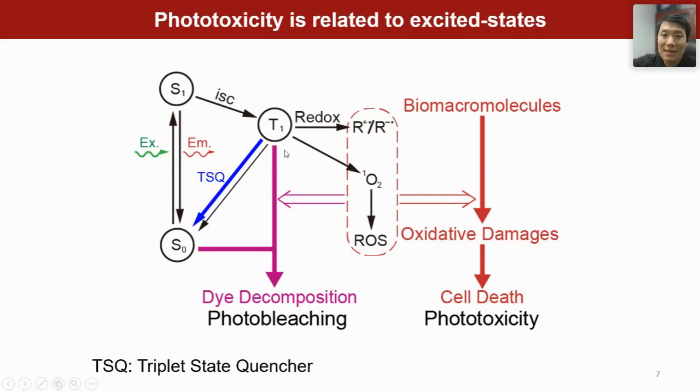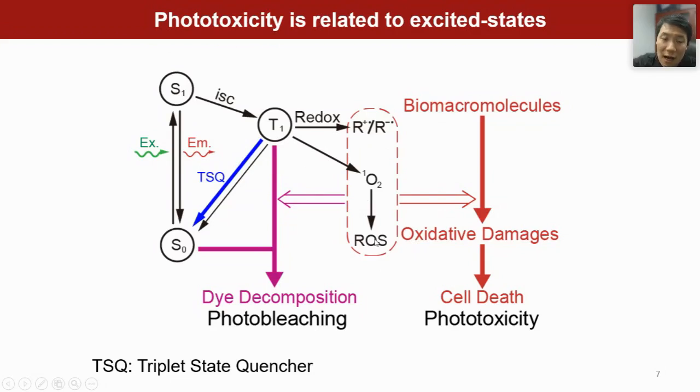But the triplet state, because it's both long-lived and reactive, can react with molecular oxygen to form singlet oxygen. Or the triplet state, being a biradical, can also undergo redox reactions to give a lot of other radicals. They are all reactive oxygen species. That's really harmful and reactive.